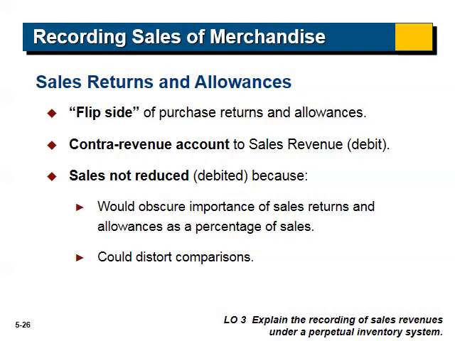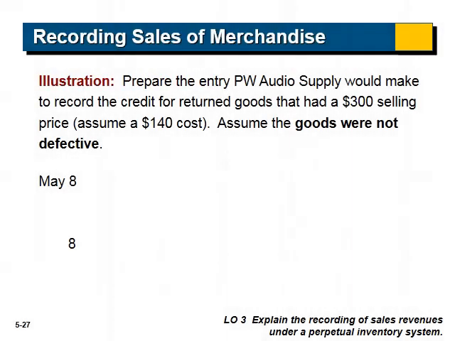And then the sales returns and allowances are going to look very, very similar to the purchase returns and allowances. It's basically just the flip side.